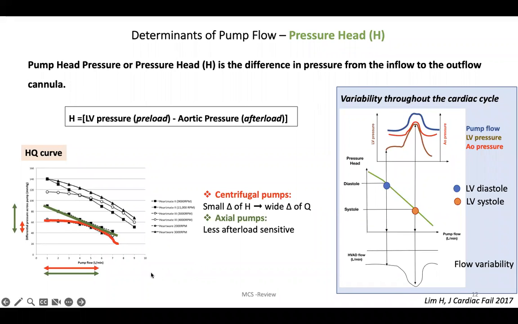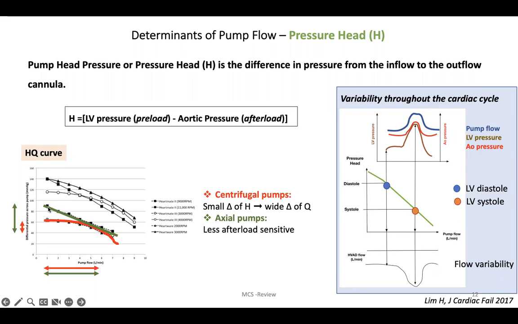Every pump at every speed will have its own signature and characteristics. Centrifugal and axial pumps will not have the same pattern of HQ curve. And those HQ curves tell interesting things about the hemodynamics of the pump.